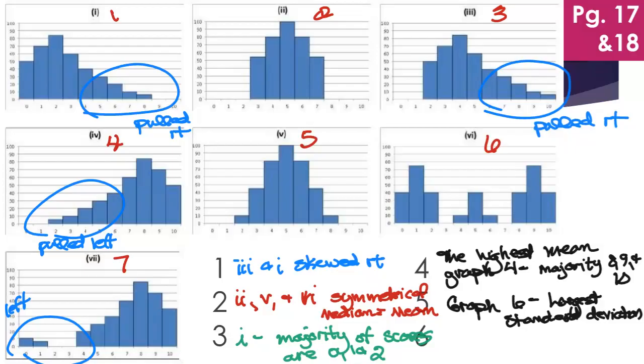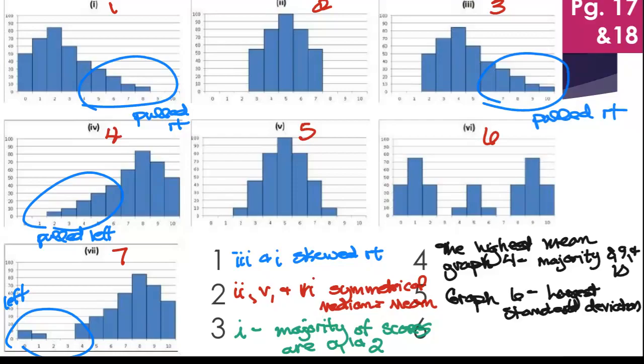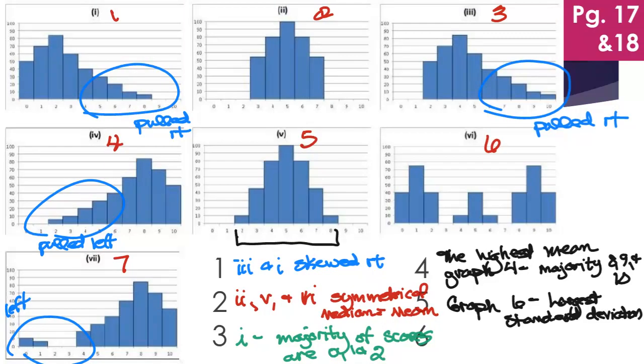Which graph? 5. 5 is pretty good. That goes from 2 to 8. I think there's one that's maybe a little better. 2, yes, graph 2. So graph 2 has the smallest standard deviation.